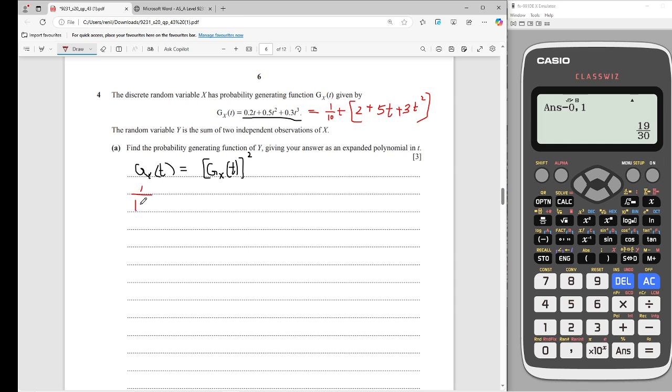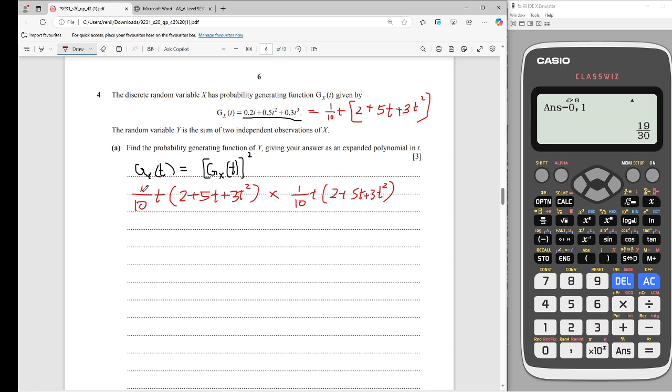So 1 by 10 t times 2 plus 5t plus 3t squared, multiplied with the same thing over again. It's basically squared.